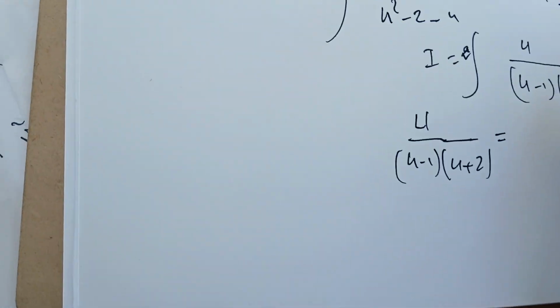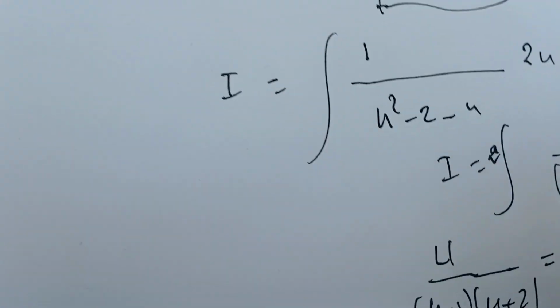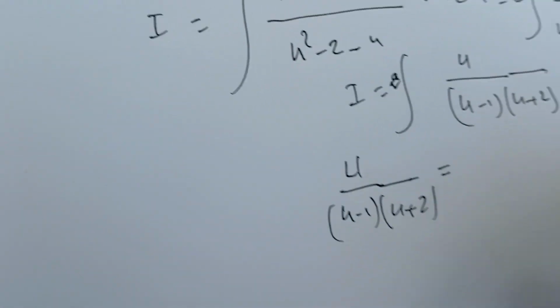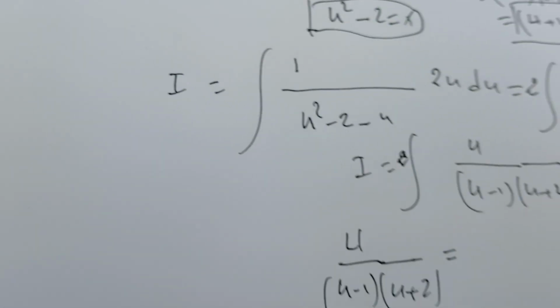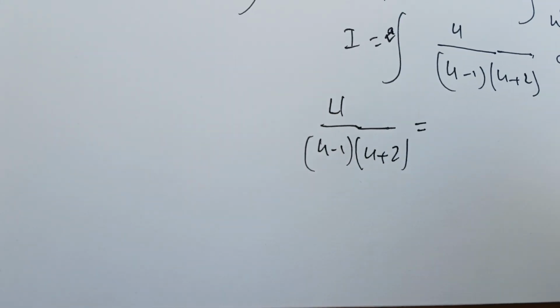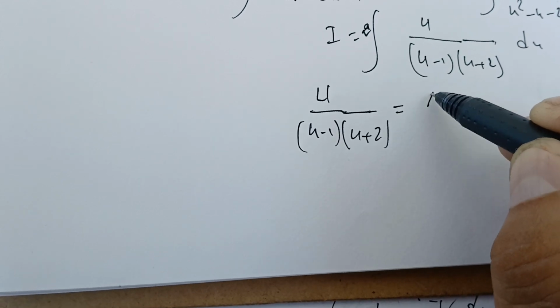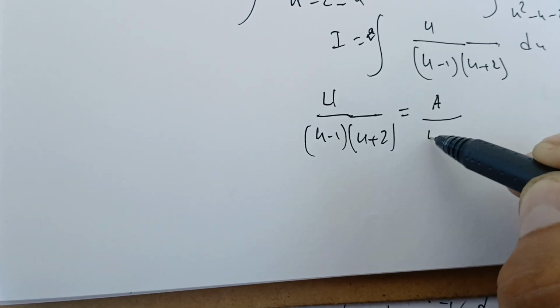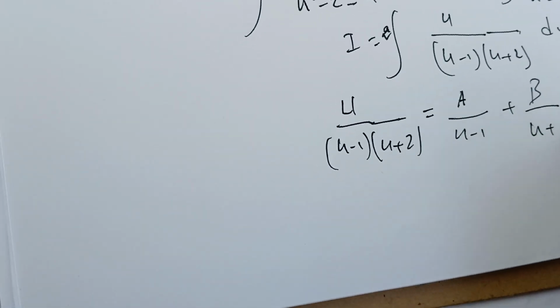If I get more space here, I can write more. So I can write this one as a over u minus 1 plus b over u plus 2.